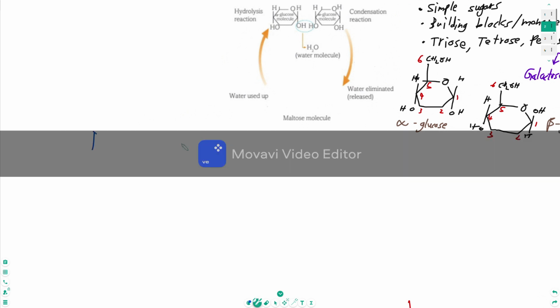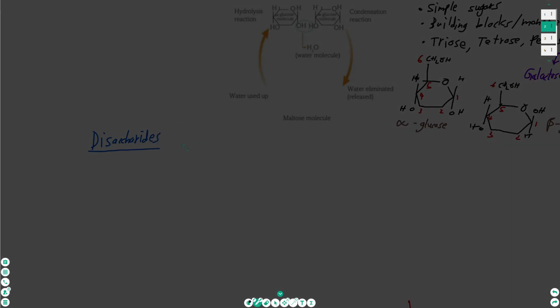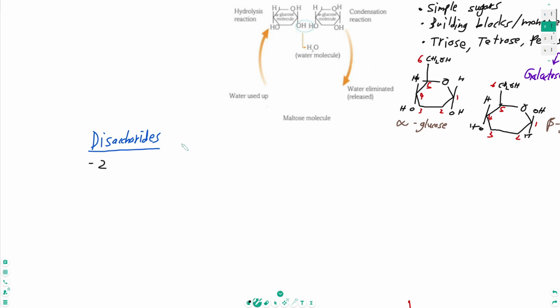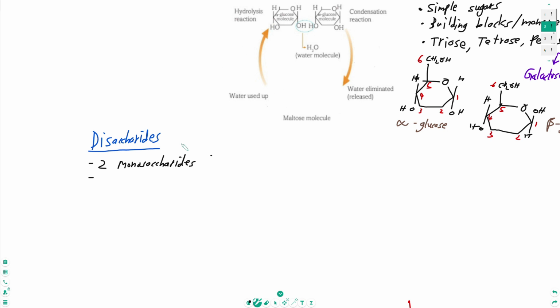Disaccharides are formed from two monosaccharides joined together, and basically they're formed in a condensation reaction.